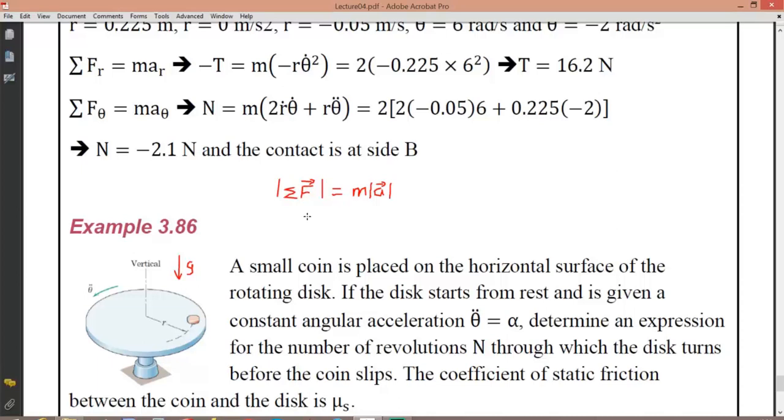Now, the force we are talking about here, obviously, is on the horizontal case, because in the vertical direction, there's no motion of the coin in the vertical direction. It stays on top of the table.